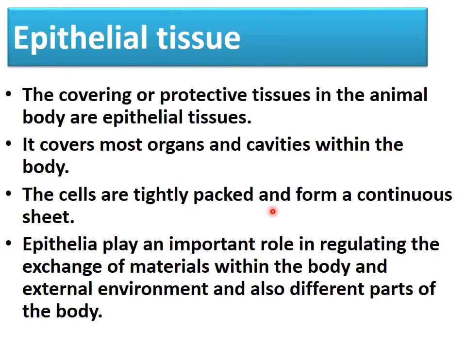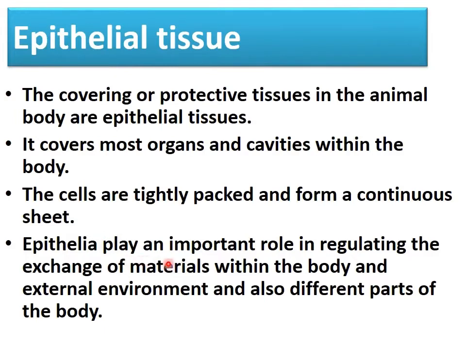Then we will see what the function of this epithelial tissue is. Epithelial tissue, which forms a continuous sheet, plays an important role in regulating the exchange of materials within the body and the external environment, and also between different parts of the body.